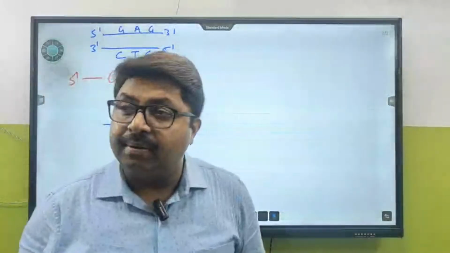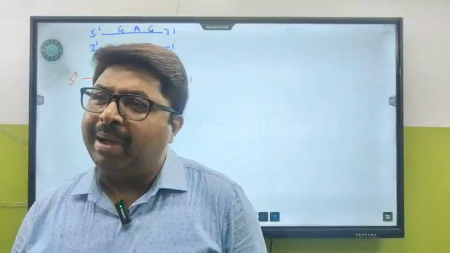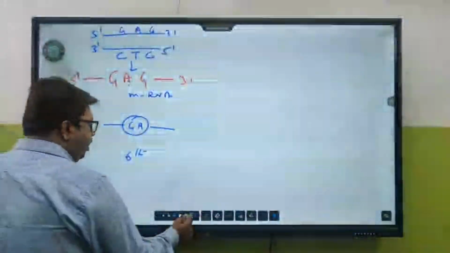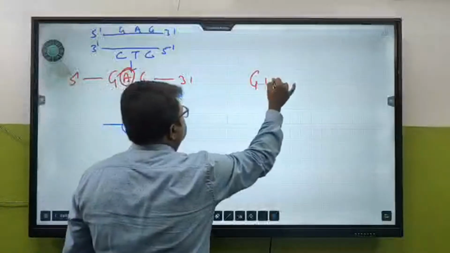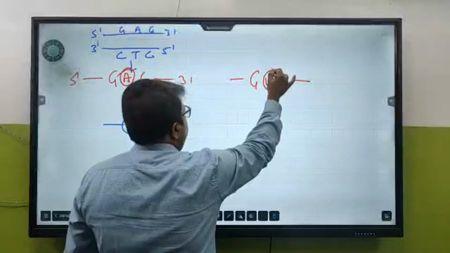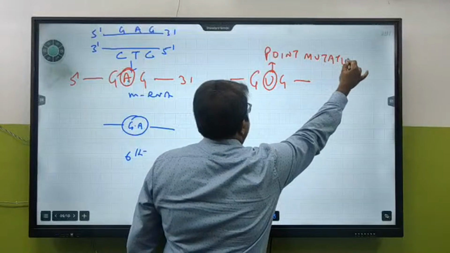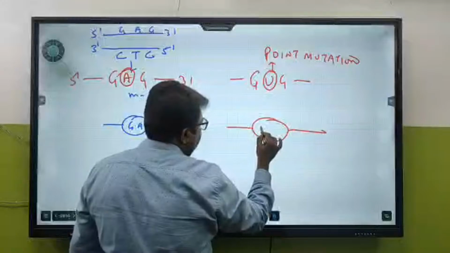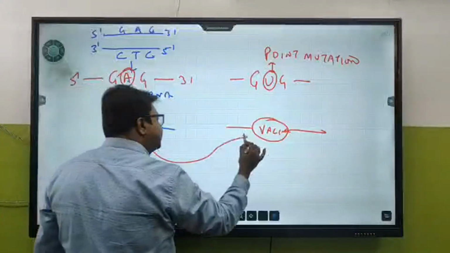But what has happened? अब देखो वहां पे RBC का स्ट्रक्चर नॉर्मल है, बाइकॉन्केव है, but what has happened? Due to a point mutation this GAG has been replaced by GUG. The GAG has been replaced by GUG, so this is called point mutation. GAG has been replaced by GUG, and GUG is going to represent what? Glutamic acid or valine? Valine. So glutamic acid is replaced by valine.